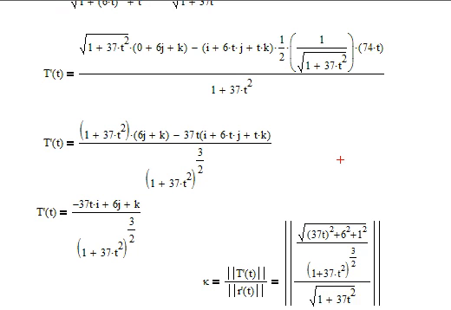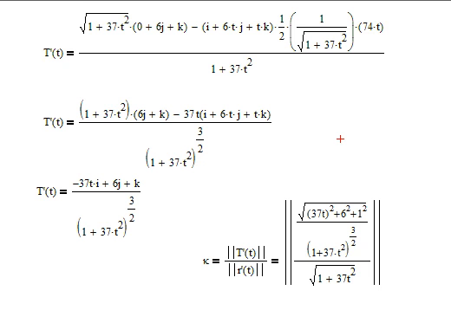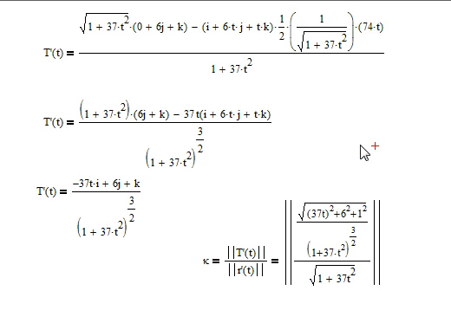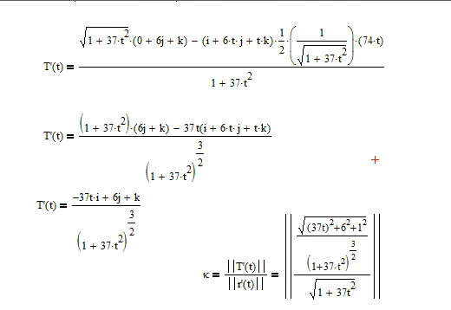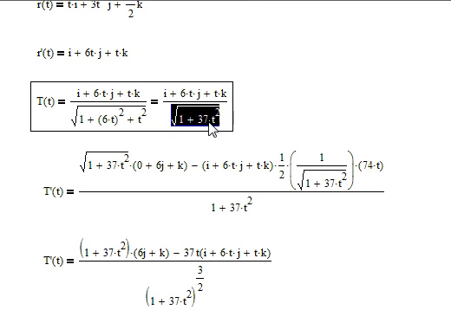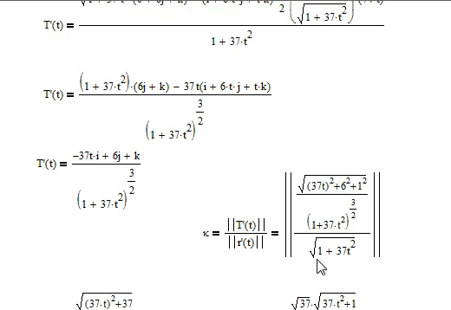And so now we need the length of that, which is the length of this vector. I got the length of r, that's here, right? That's the length of the vector r prime, I should say. So that's in the denominator.